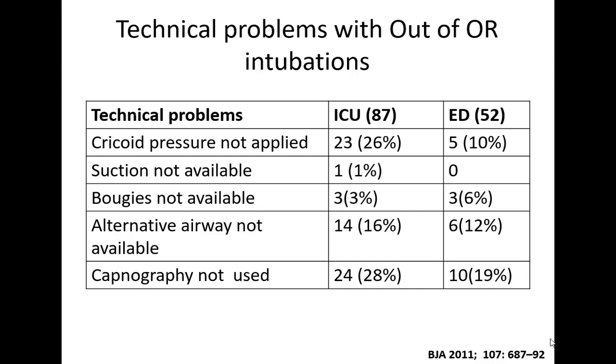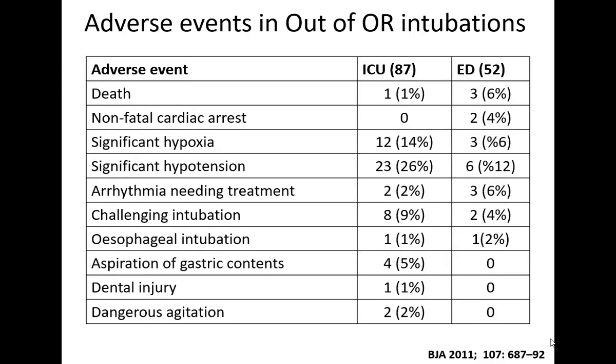The NAP4 audit also showed that there are technical problems, in the sense that cricoid pressure was not given, suction was not available, or other adjunct devices were not available. The most glaring part is that capnography was not used in a large number of patients. And we all know that capnography is essential to confirm intubation.